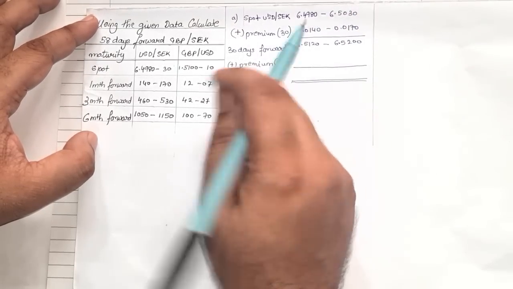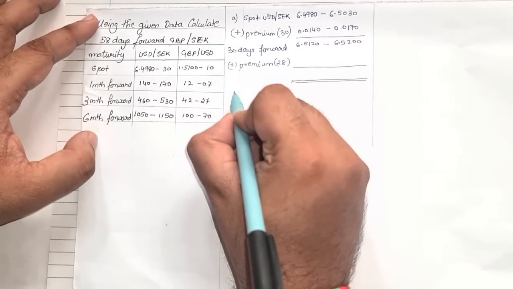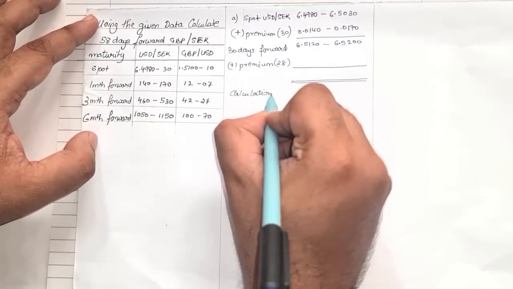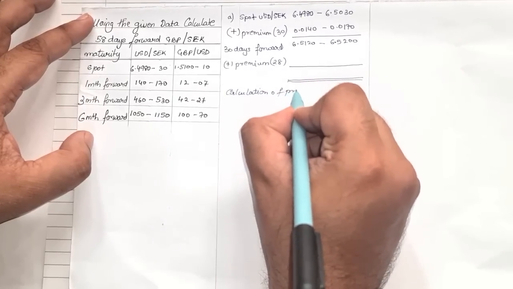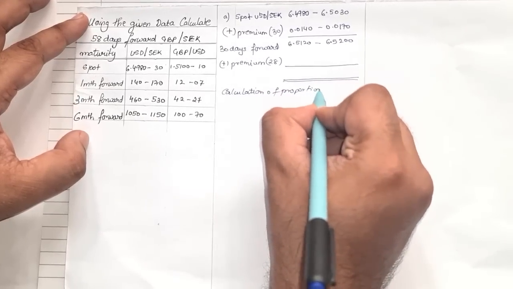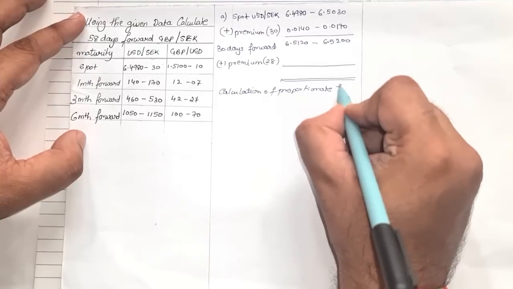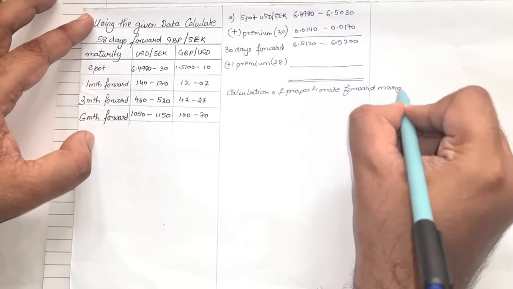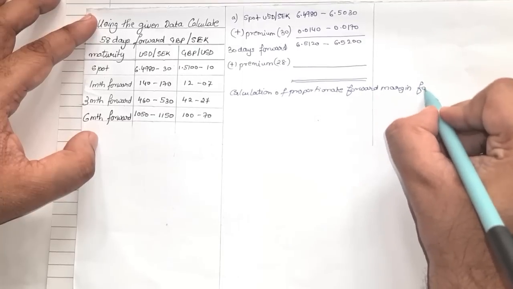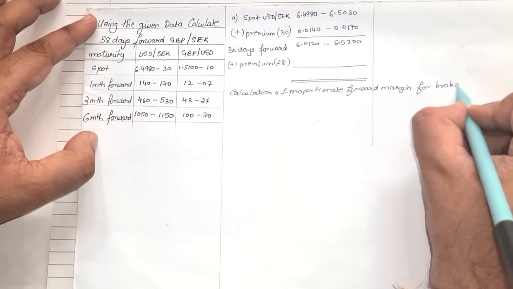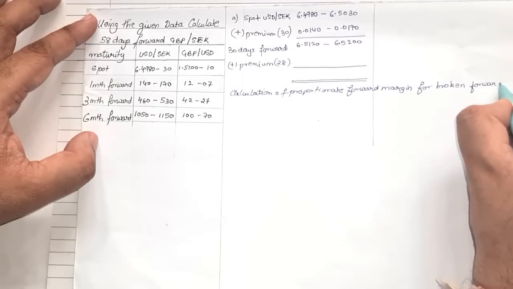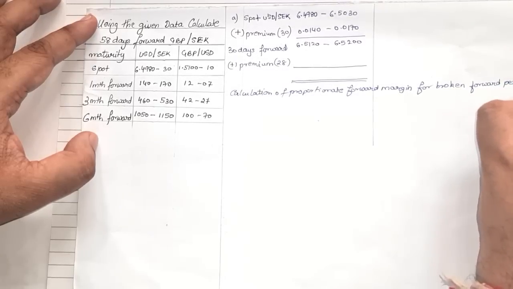So what I'll write here, I'll give a common heading for both: calculation of proportionate forward margin for broken forward period.